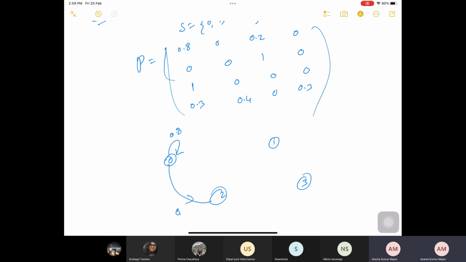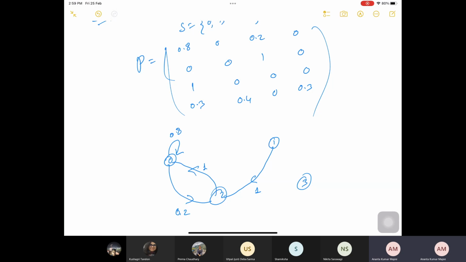And 0 to 3, no. 1 to 0, no. 1 to 1, no. 1 to 2, I have a transition with probability 1. 1 to 3, no. Then 2 to 0, yes, with probability 1. Other things, there is no.